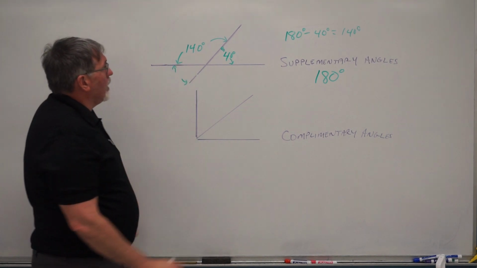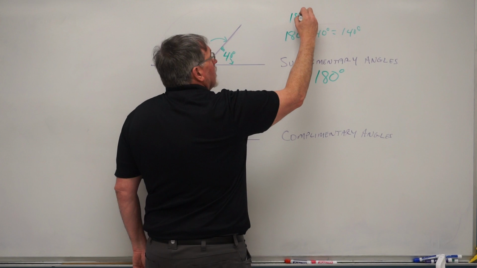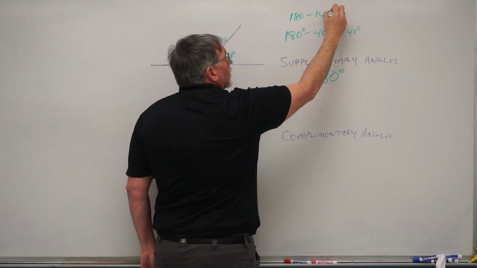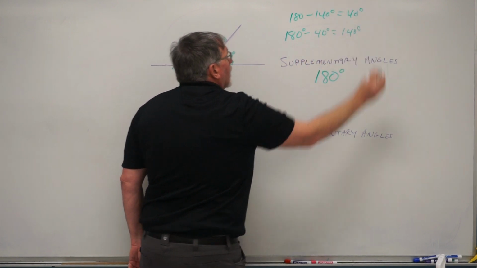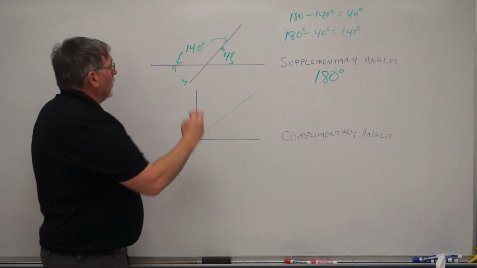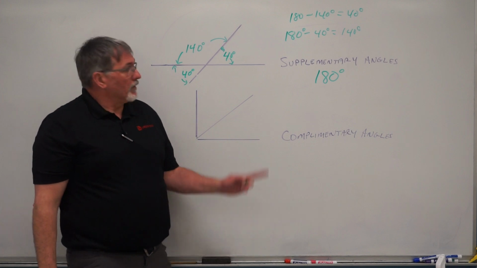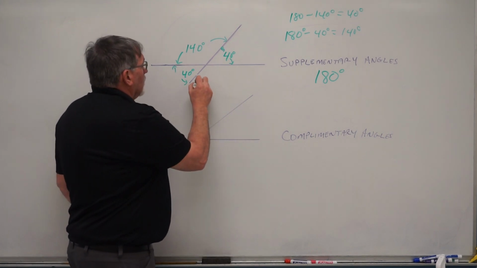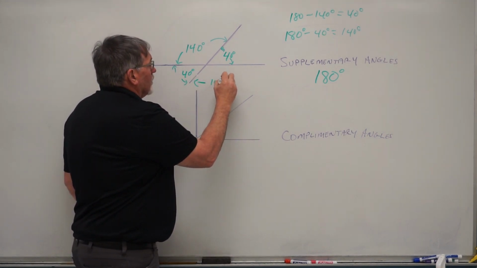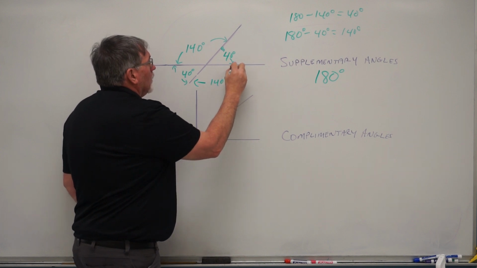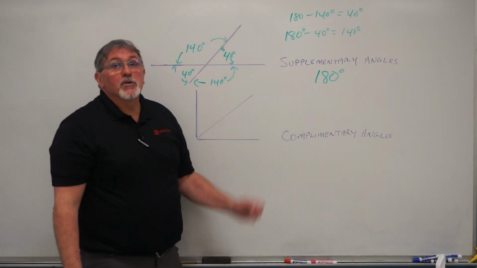Well, 180 degrees minus 140 degrees equals, guess what? It's 40 degrees again. So this is a 40-degree angle. And by now, I'm sure you can figure out that this angle over here is also the 140-degree angle. So that's a supplementary angle.